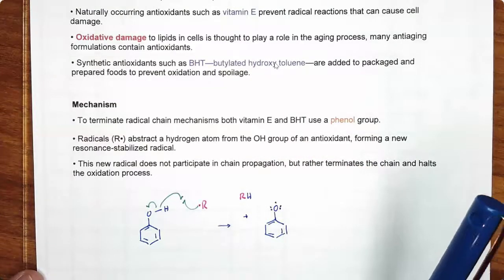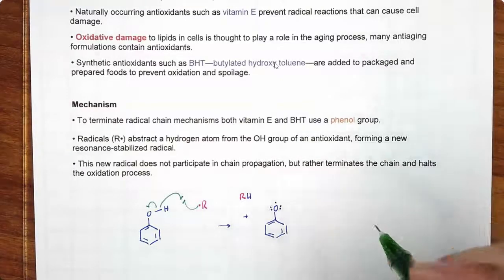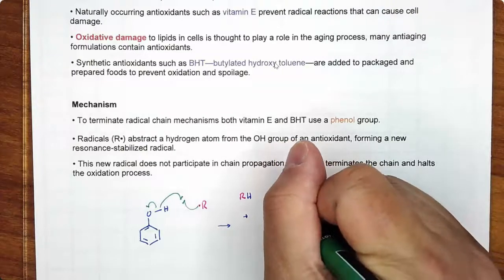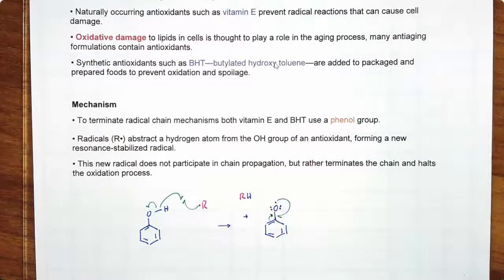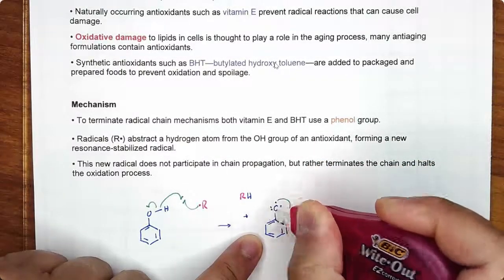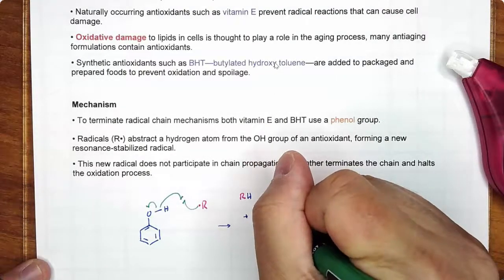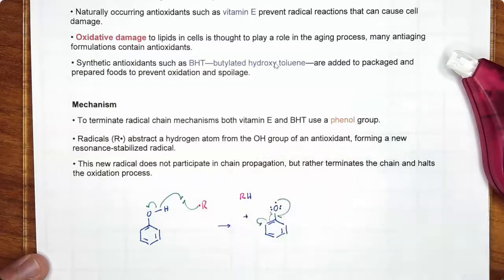Now, there's resonance involved with this. We haven't really talked about resonance of radicals in this class, but what can we do? We can take this unpaired electron. Oops, that should be a fishhook. And we take this one electron from the pi bond, make a pi bond between the oxygen and carbon, and put a radical directly on that carbon.